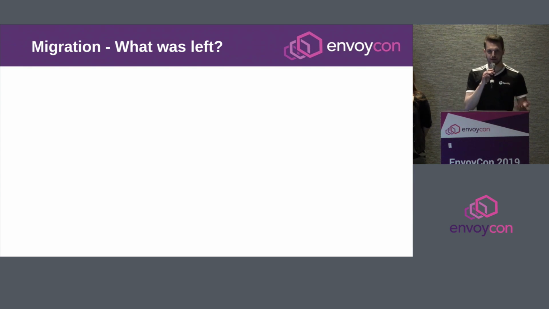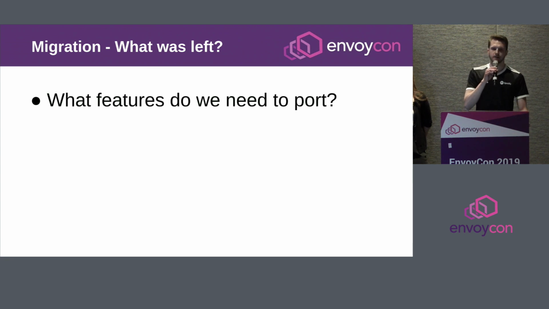So once we had moved the web player and we were happy with the state of it, there were of course over 100 more services to move. So we had to devise a strategy for doing that. As my colleague Erik mentioned earlier, there were about 25 features that developers could configure for the different services they exposed on the old system. So we had to make an inventory of these and figure out how we would implement them in Envoy.